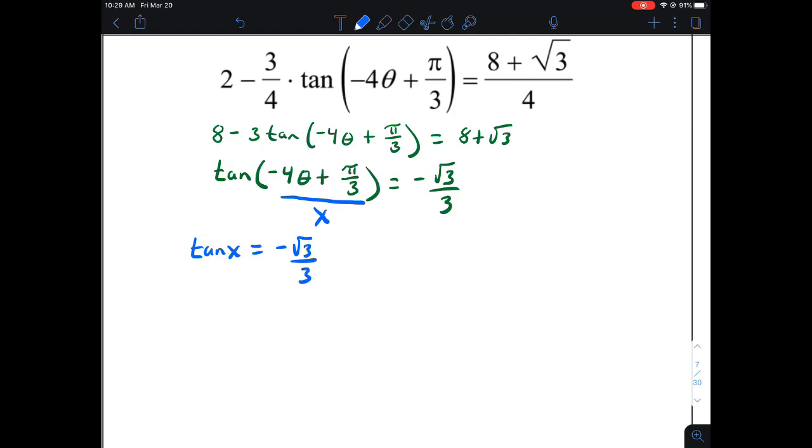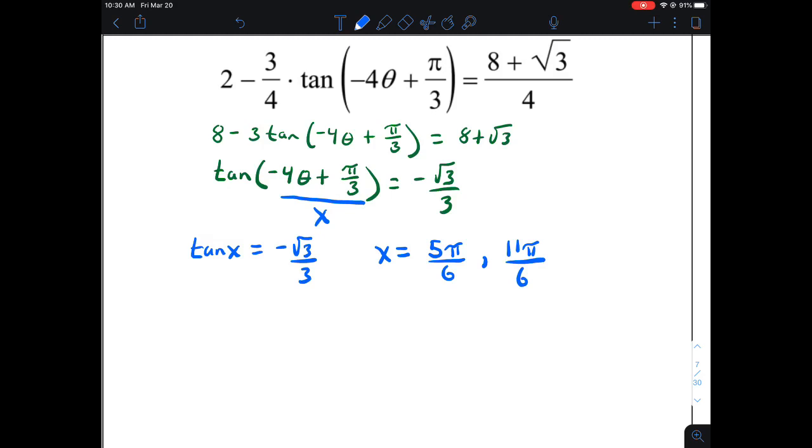That's what you're asking yourself. Well, tangent equals the negative square root of 3 over 3 when I have opposite signs for x and y. So this would be quadrants 2 and 4. And that's going to be at 5 pi over 6 and 11 pi over 6.